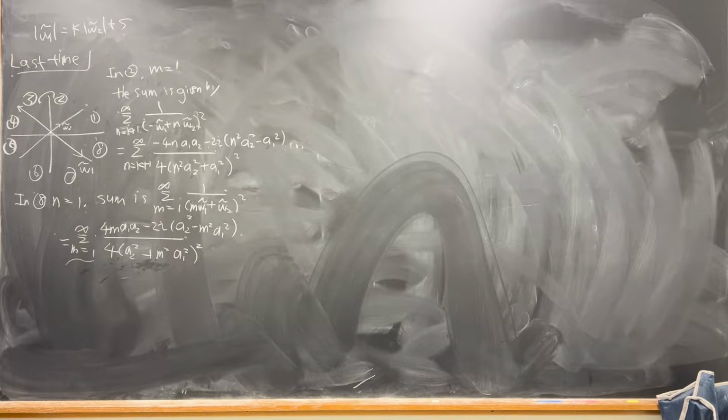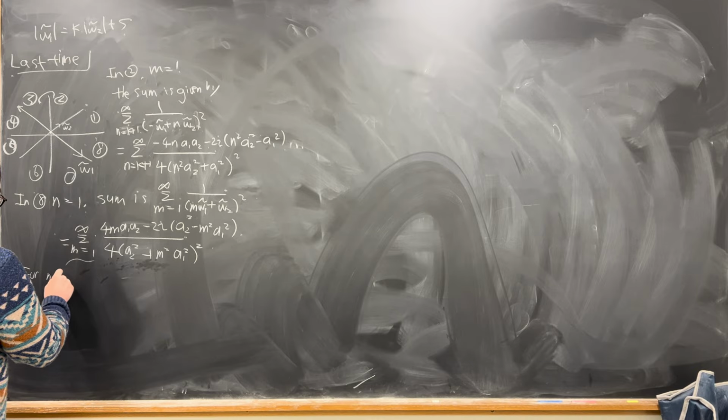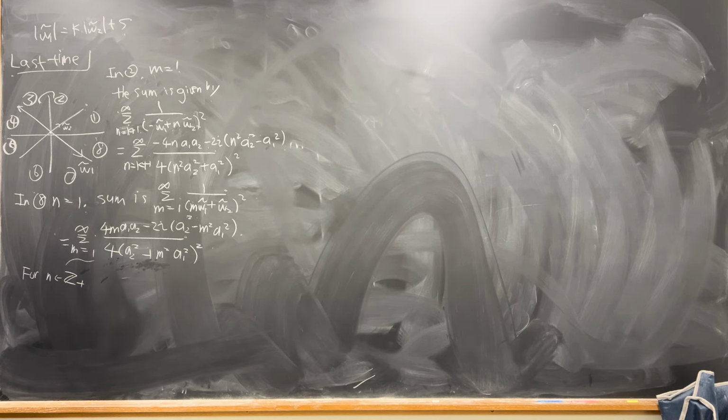Okay, so then for arbitrary n, so n arbitrary. What do we have here? If n is arbitrary, what do we have right now? So where does this m start?